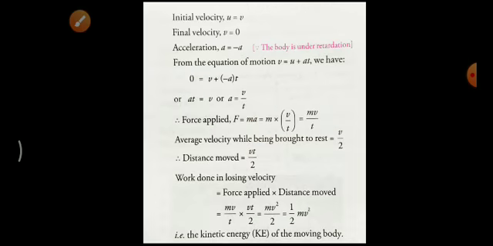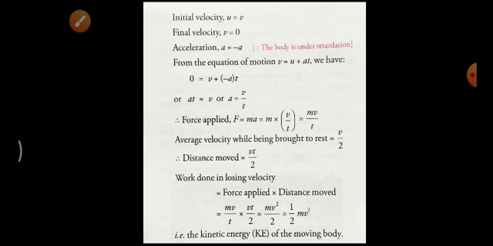Then initial velocity u is equal to v, because previously it was moving, and final velocity v is equal to 0, because we are applying the opposing force to bring it to rest.